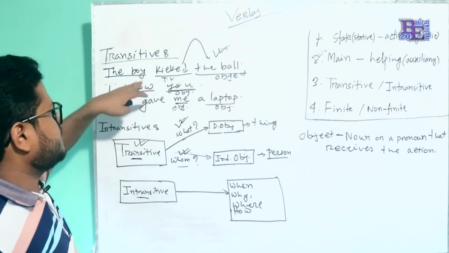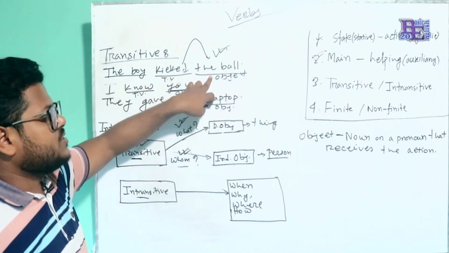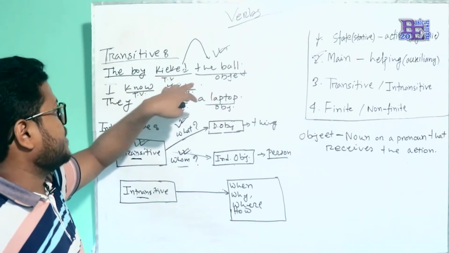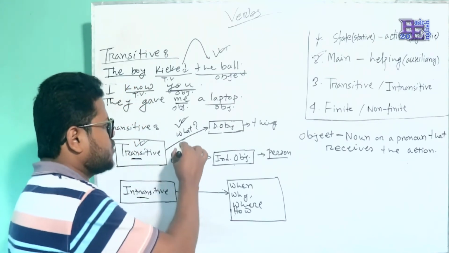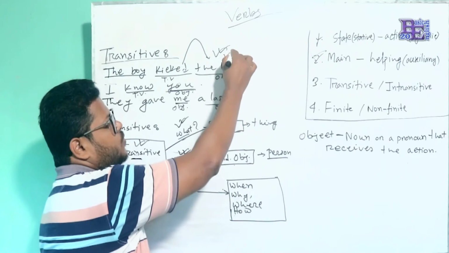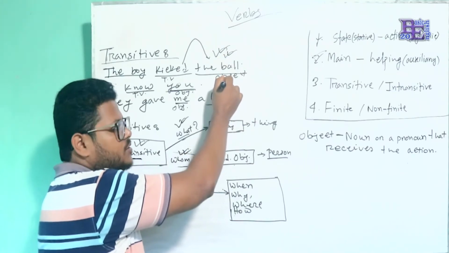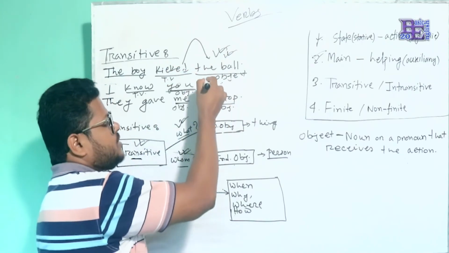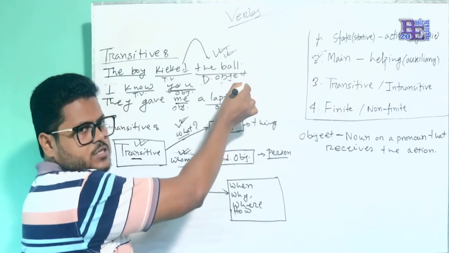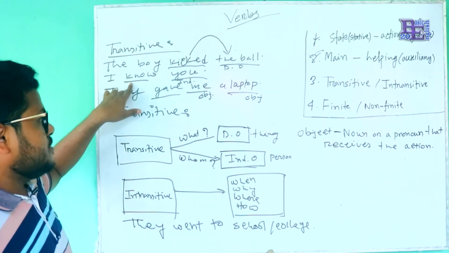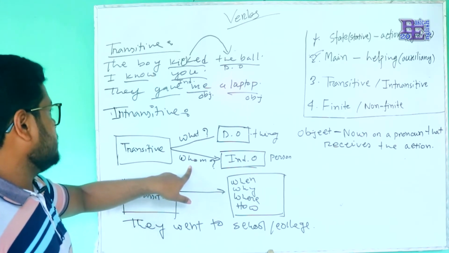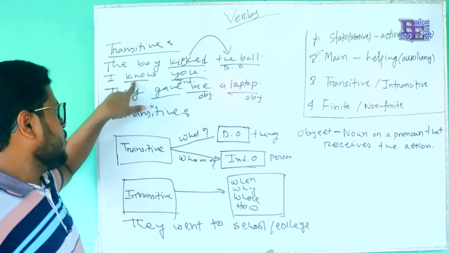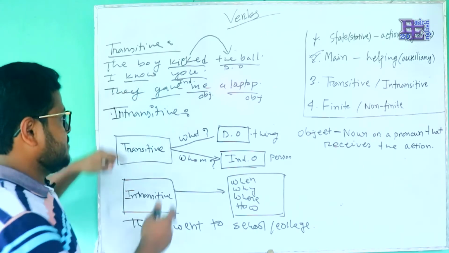Of course. In the first sentence, the object is the ball. If you make a question like this, what did the boy kick? You are making the question with what, and the answer is the ball. This is called a direct object. In the second sentence, if you make a question with whom, you will get the answer. If you say whom did I know, the answer is you.